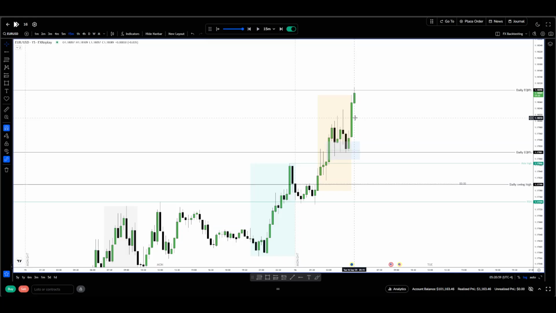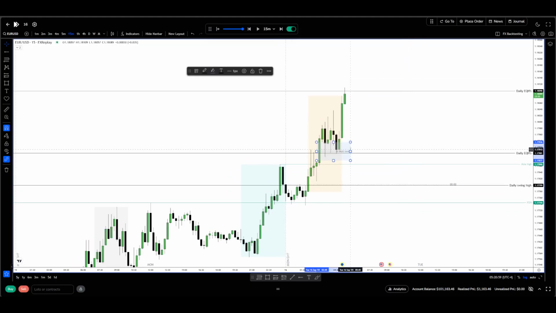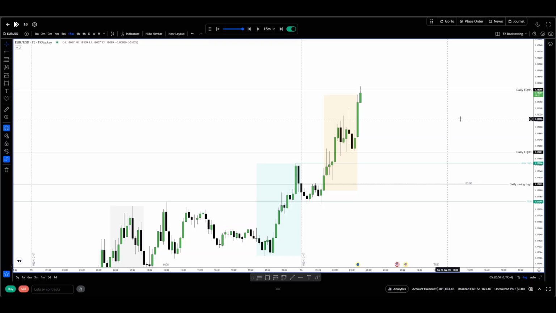Now obviously it is lunch, which makes sense because what we can now anticipate is a classic buy day where London makes a bigger move up, lunch trades lower for the retracement, and then we can expect New York to trade higher again. But okay, let's see what happens. But this is a review of the trade. Price is bullish. We have our daily highs with the target met.